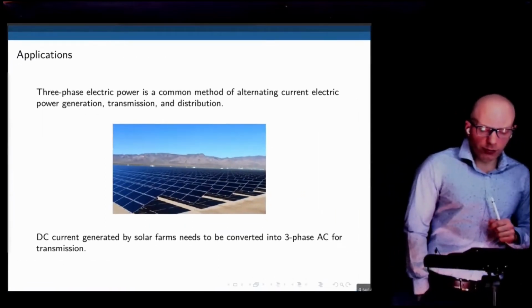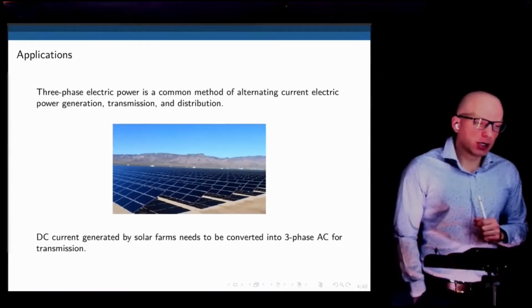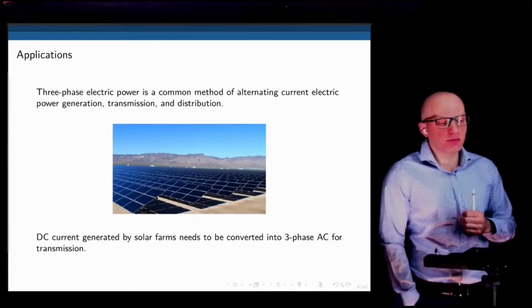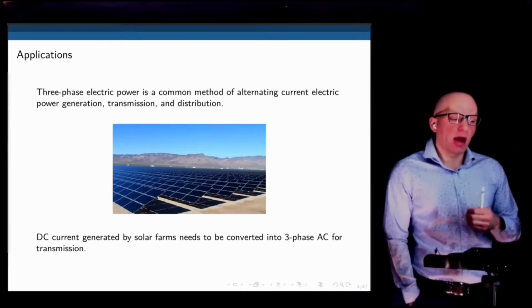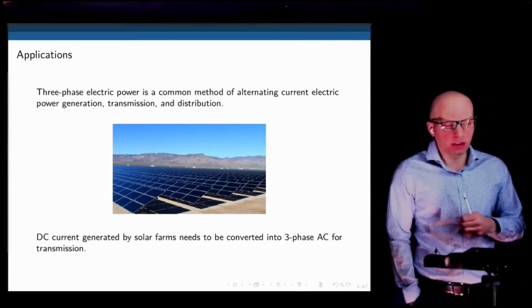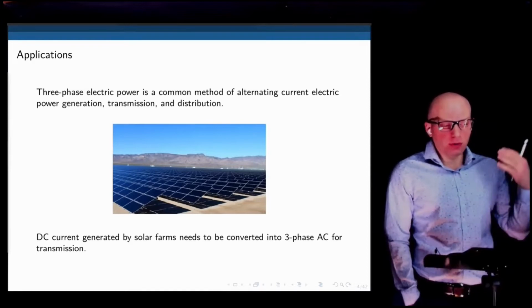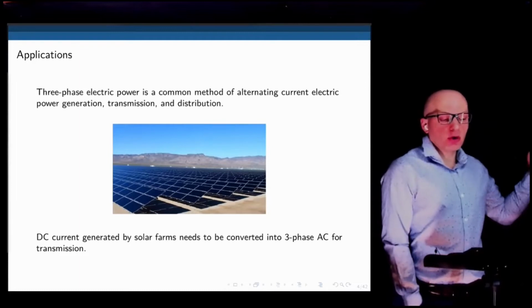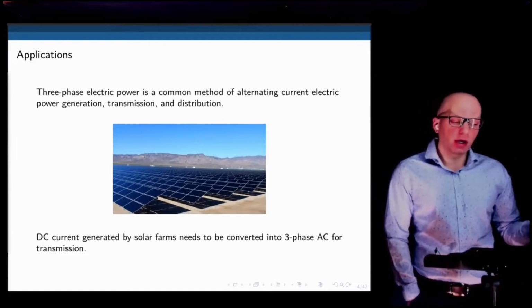Another application of three-phase inverters is for high power applications. For example, solar panels that will generate a DC voltage need to be converted into three-phase AC at a specific frequency before they can be used in a power line transmission. So before we put them into the grid, DC will have to go through 3 different inverters shifted by 120 degrees.